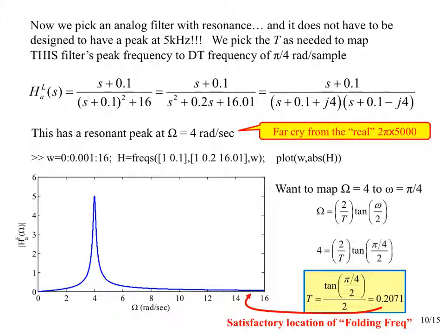So we need to pick some sort of continuous time filter with a resonance, and this is a good candidate. I just picked one that was simple. I didn't care about whether the resonance was at 5 kilohertz or not for this actual continuous time filter. I just let it be wherever it was. I said, this is a structure, it gives me the resonance, maybe this will be what I want. And so I just do a little bit of manipulation.